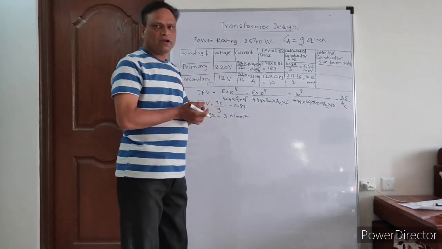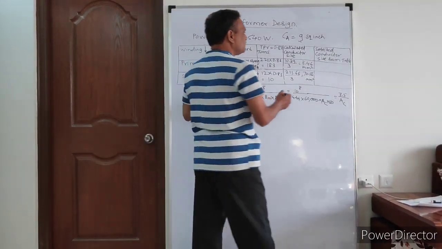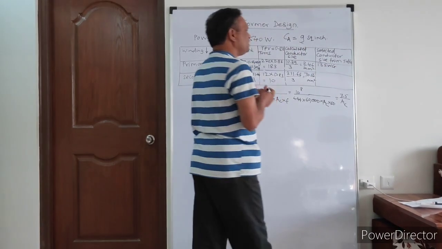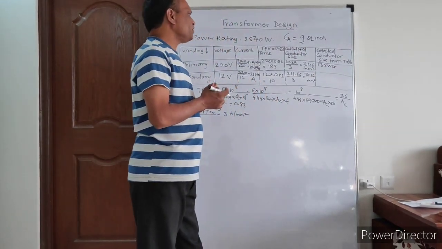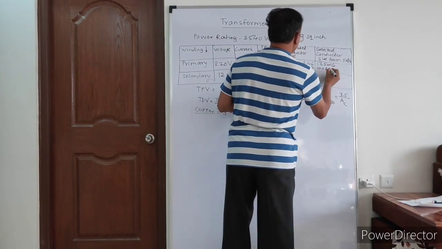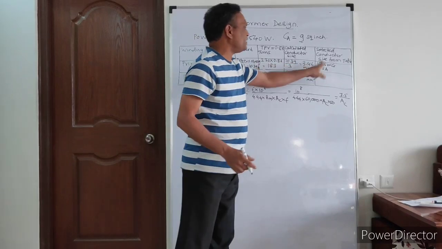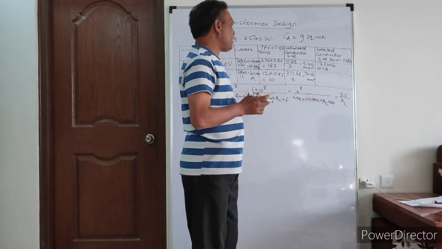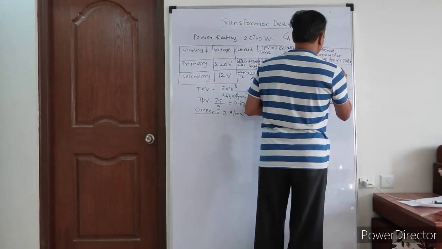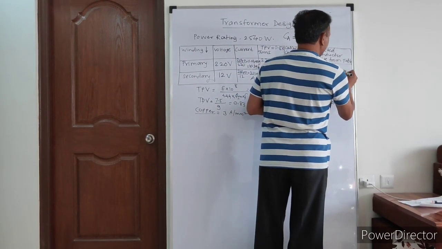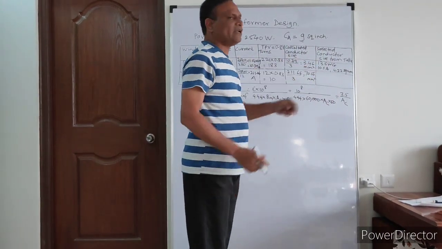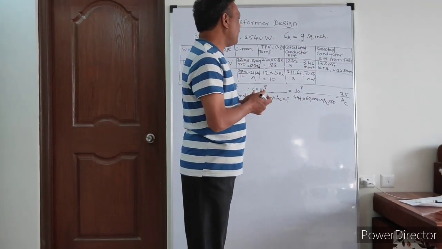If you see in the table, you will find 13 standard wire gauge, 13 SWG is the wire gauge which is suitable, which can carry 10.5 ampere, which is more than our rating, and it is okay. So 10.5 ampere, and its area is 4.22 square mm. So this conductor will be selected for the primary side.